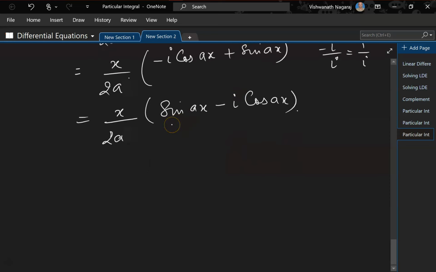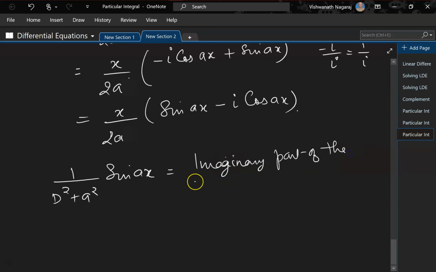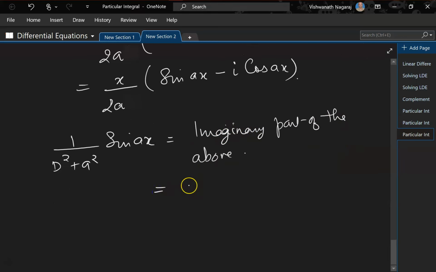We are interested only in the imaginary part. So 1 by (D square plus a square) sin ax is equal to the imaginary part of the above, which is equal to, remember, imaginary part, so minus x cos ax by 2a.